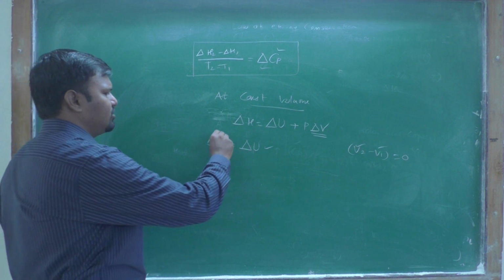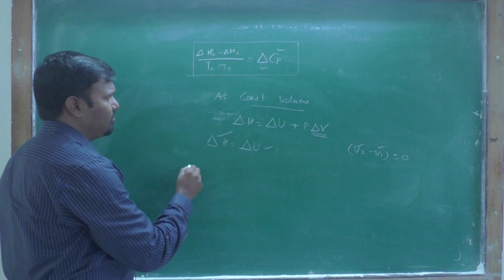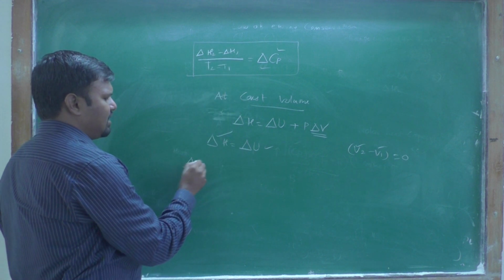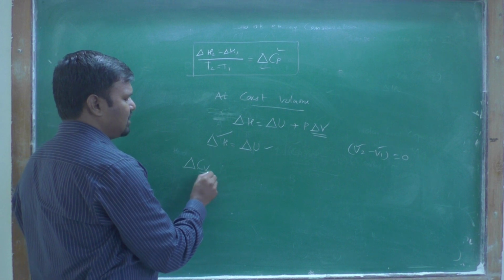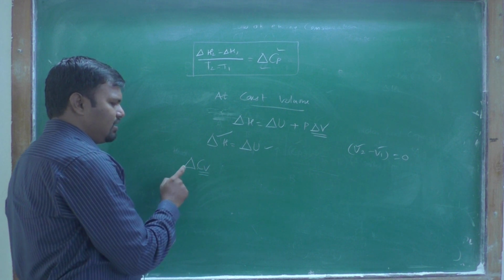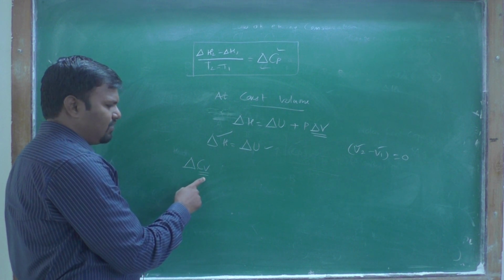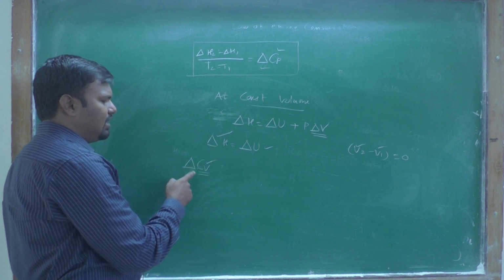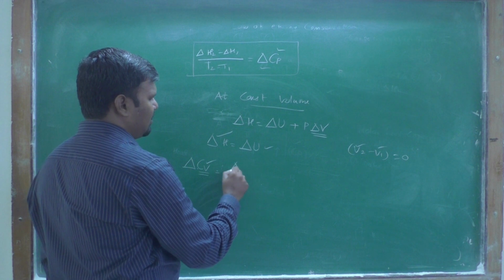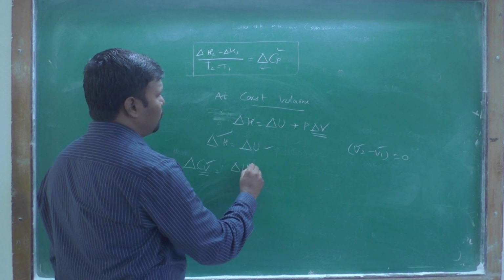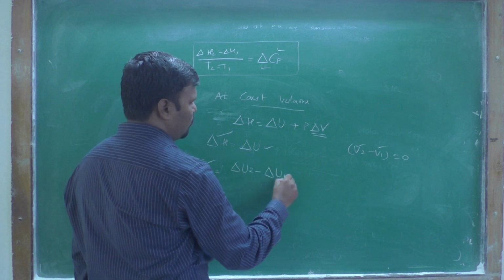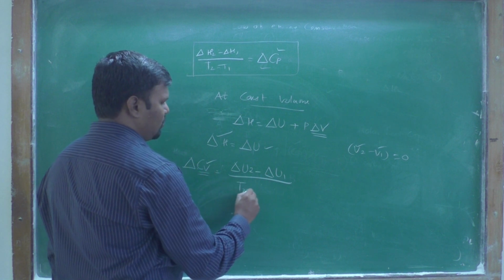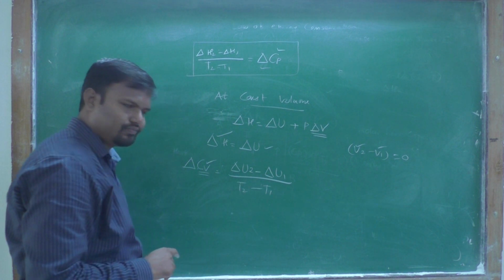Now, by putting this delta U in this equation, we obtain delta CV, that is the change in molar heat capacity of a reaction at constant volume, given by delta CV is equal to delta U2 minus delta U1 upon T2 minus T1.